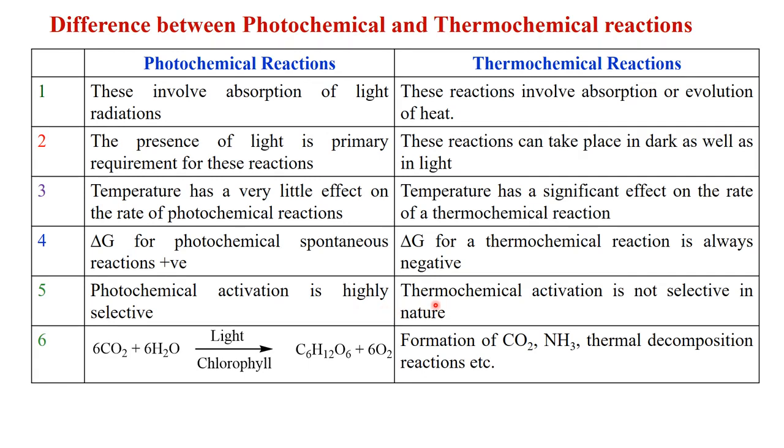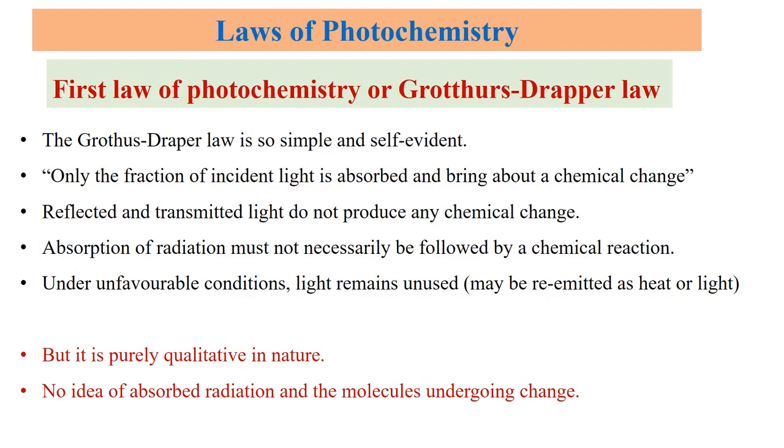The thermal reactions are not very selective. Here is a famous example of chlorophyll formation, and here is the glucose formation, and here are examples of carbon dioxide and ammonia thermal decomposition reactions. There are many types of such reactions.